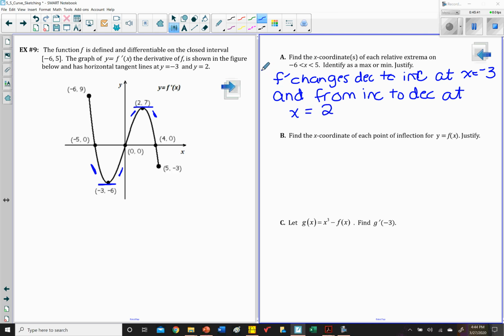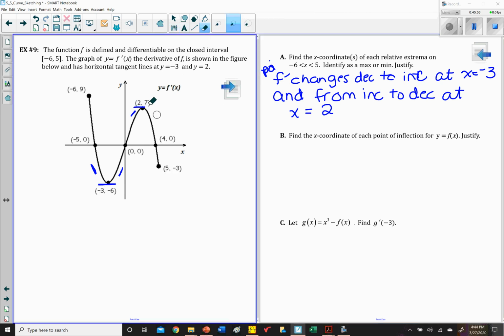So this one is a min at -3. Oh, a point of inflection, I'm sorry. Point of inflection, and this one is a point of inflection on our function graph.